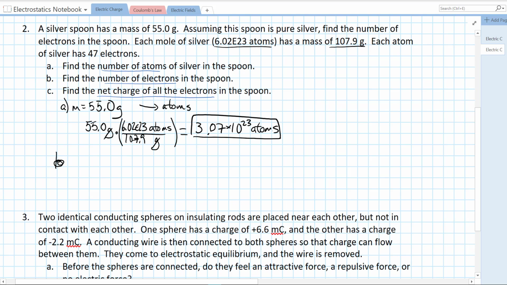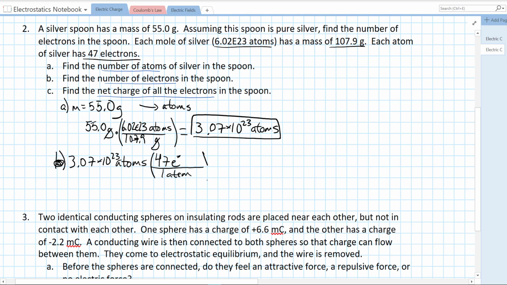Part B, find the number of electrons in the spoon. So we know the number of atoms and we want to convert to electrons, and we know that each atom has 47 electrons. We're going to convert it again. 3.07 times 10 to the 23 atoms. We need atoms to cancel, so we know that one atom has 47 electrons.